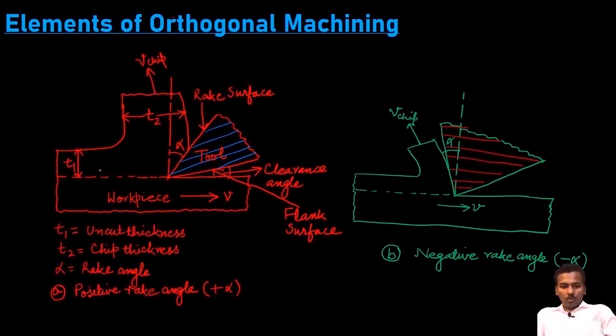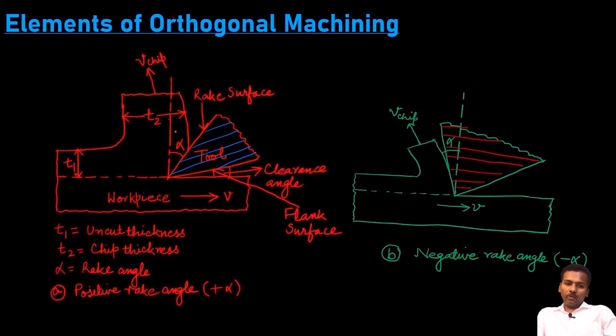There are two terms: T1 is the uncut thickness, or the thickness of the chip when the workpiece is undeformed, and this is the deformed chip thickness. This much thickness is going to be machined further by the tool, so this is known as the uncut thickness, and T2 is the thickness of the chip.